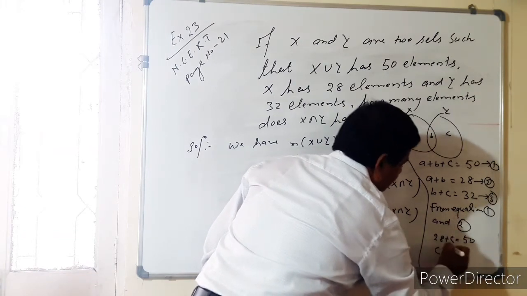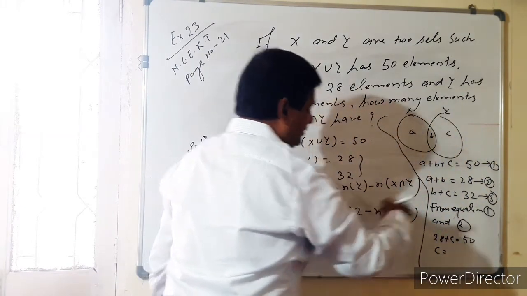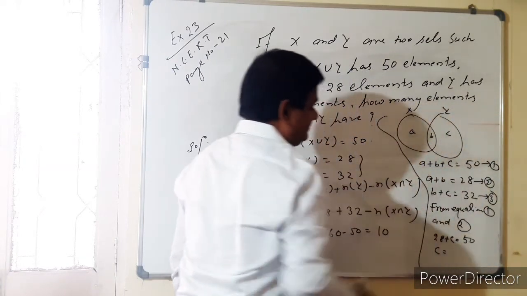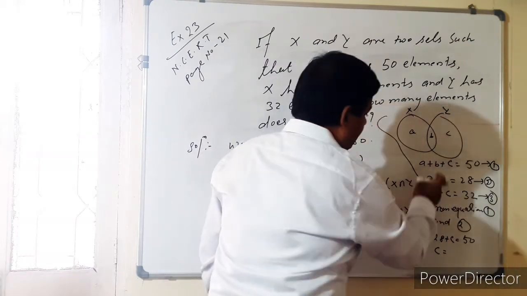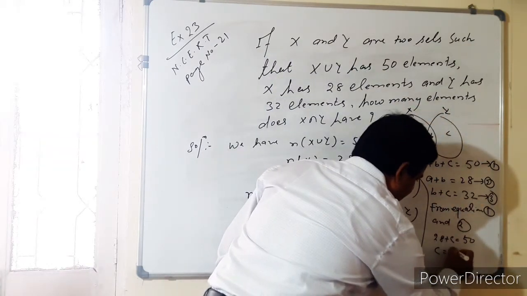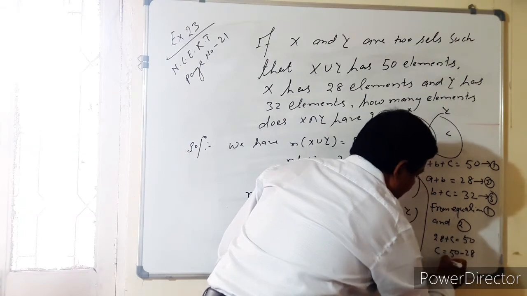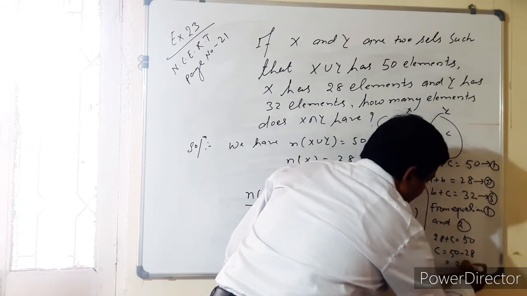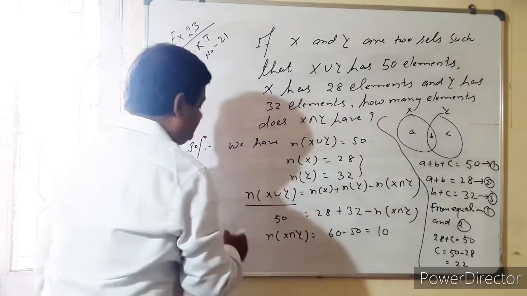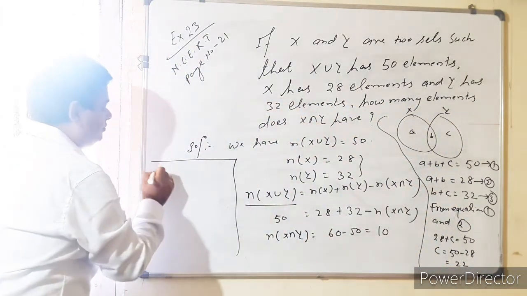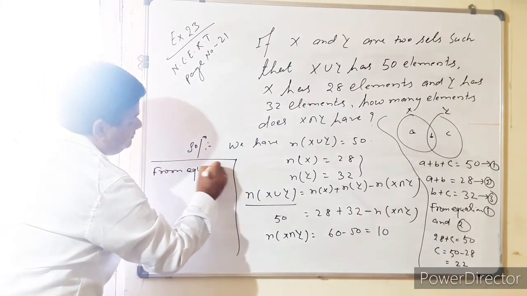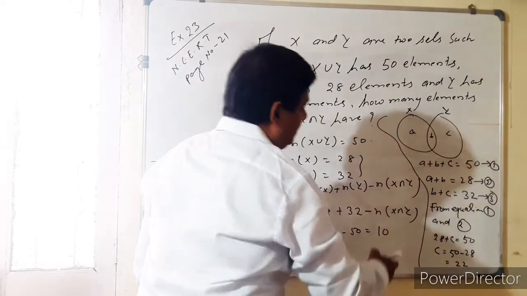So C is equal to, transferring to that side, A plus B is equal to 28 and A plus B plus C is equal to 50, so 50 minus 28 is equal to 22. You got C.